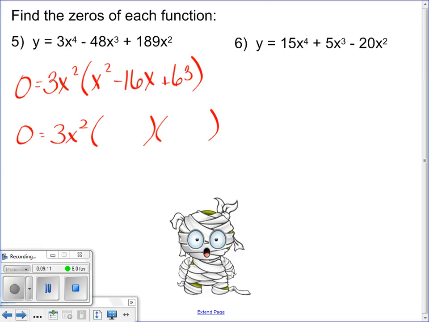All right, so let's factor the rest of it. X minus. Both my signs are minuses. 9 and 7, 7 and 9. What does x equal? You're right, 7 and 9.